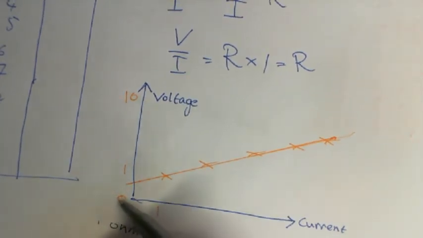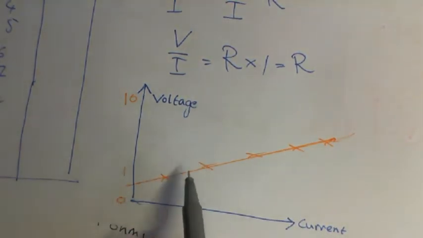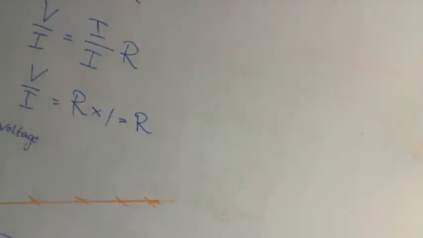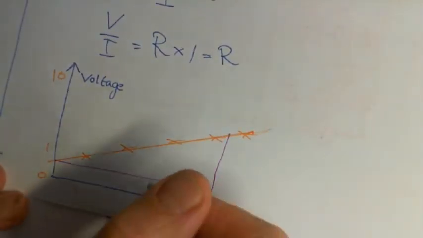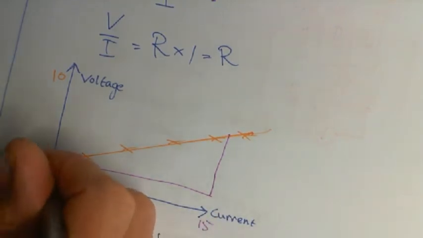Because if the voltage was 0, the current must be 0. We know that. So there must have been something wrong with my experiment to get this. But I do have my nice straight line. And if I took a triangle and measured how far it was from there to there in terms of the current, let's say that was 15, for example, and that was 0.